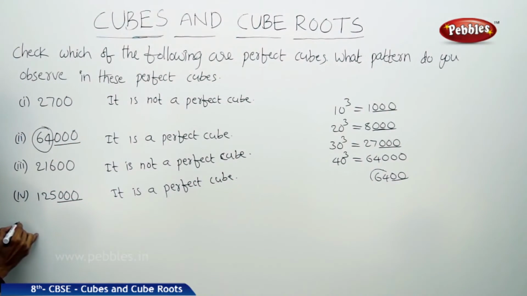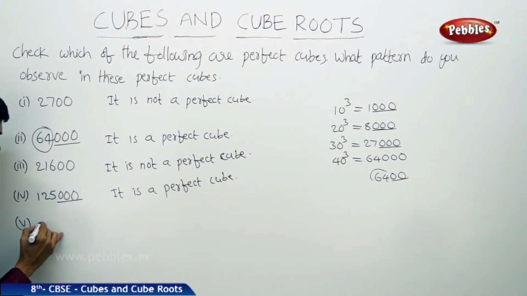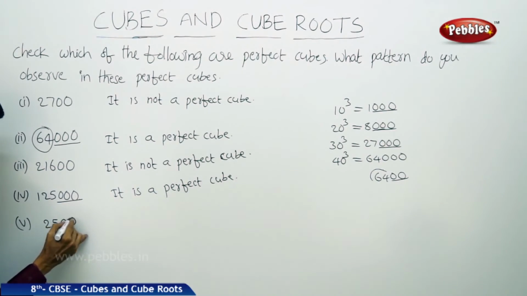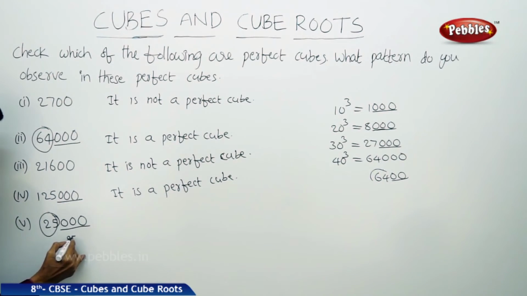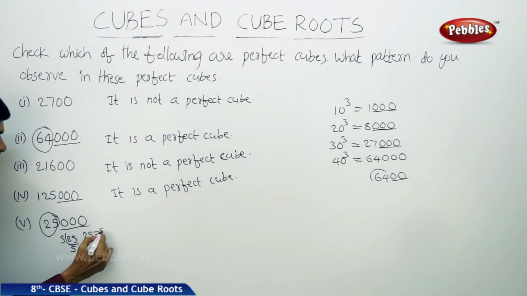Now let us take another question. 25,000. Now it is ending with 3 zeros, but if you factorize 25, we are not getting each factor 3 times. 25 can be factorized as 5 into 5.